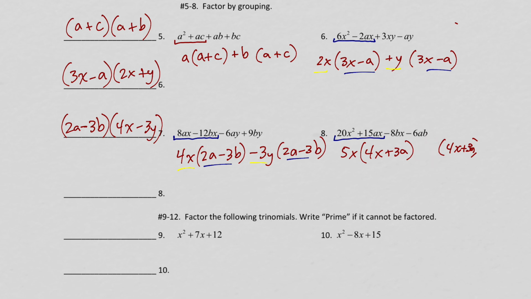So it looks like a negative 2b. Just double check that it works. Negative 2b times this is that. Negative 2b times that is that. So here's my common factor, the 4x plus 3a, excuse me, and that's going to come out. And it leaves behind 5x minus 2b.